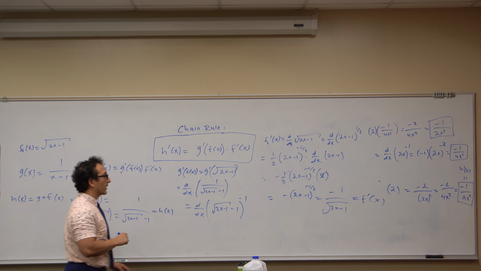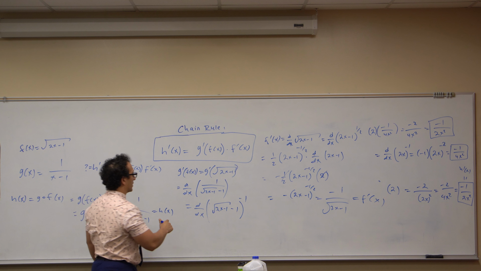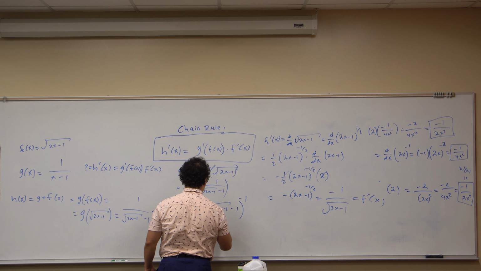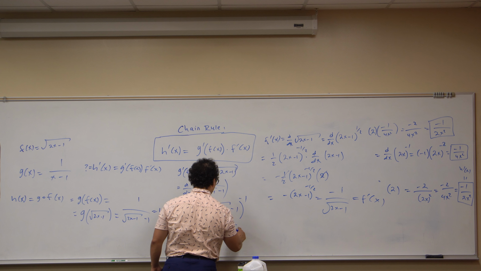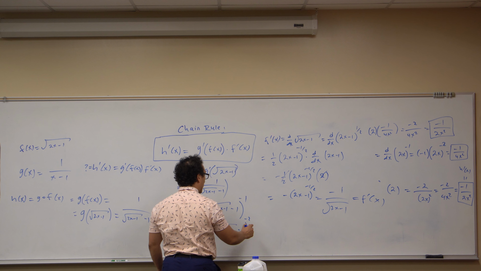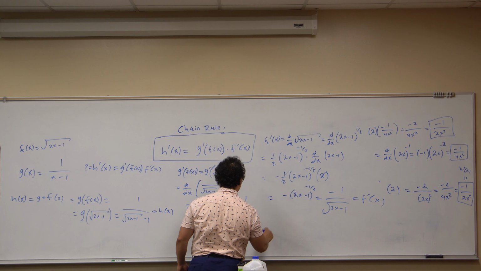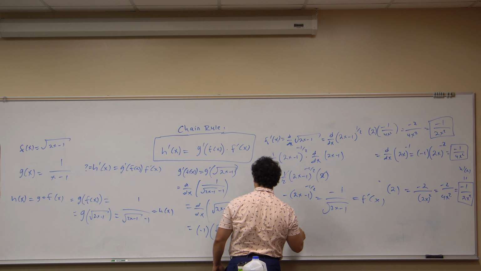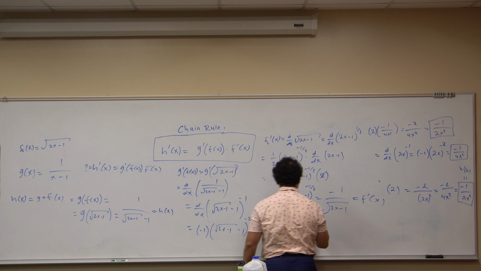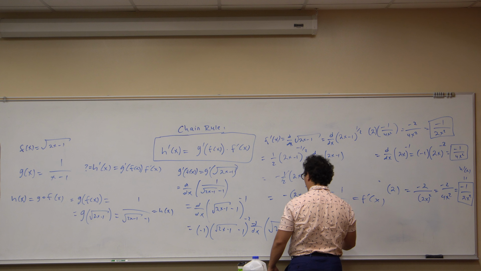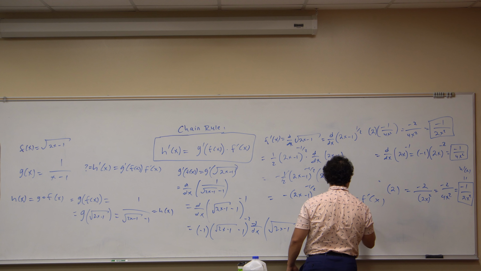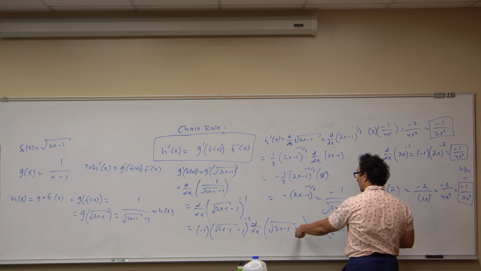Okay. Then we take the derivative, negative 1 comes down, and I get to the negative 2. Then it's d dx of the inside function, which is square root of 2x minus 1, so this is negative square root of 2x minus 1 raised to the negative 2 power, times the derivative of this guy.